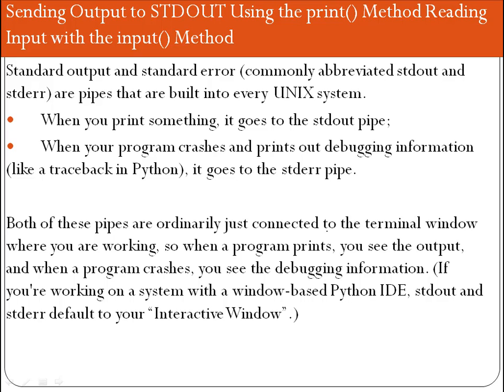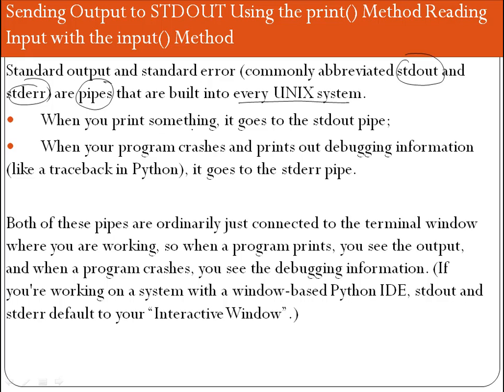Then the topic is sending output to the standard output using the print method, and reading input with the input method. Standard output and standard error, commonly abbreviated as STDOUT and STDERR, are pipes that are built into every Unix system.